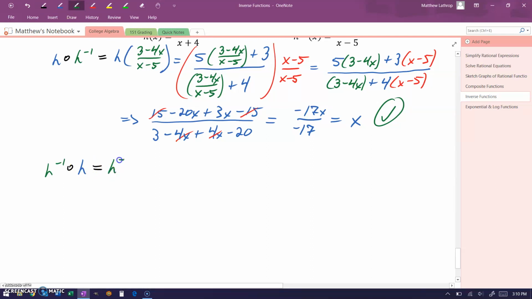This means we'll be taking our inverse function and evaluating it for 5x plus 3 over x plus 4.